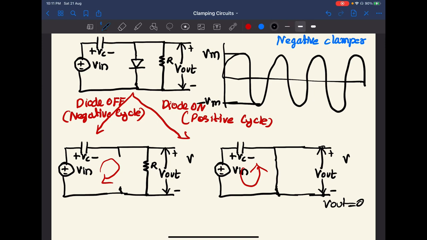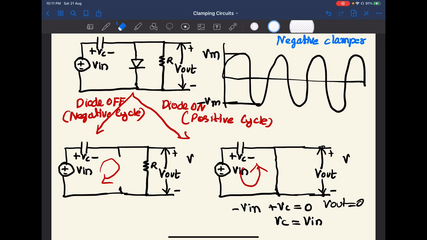So in the right, we can say that minus Vn plus Vc equal to 0, or Vc equal to Vn. Here please note that the diode is on for the positive cycle, so the capacitor is charging in the positive cycle, not in the negative cycle as told earlier. It is charging in the positive cycle only.